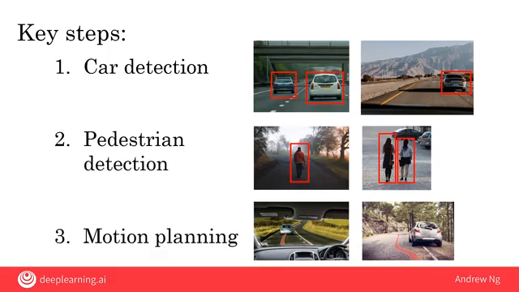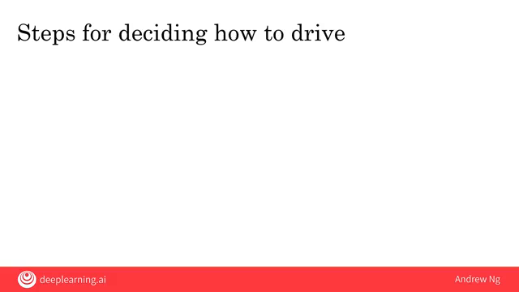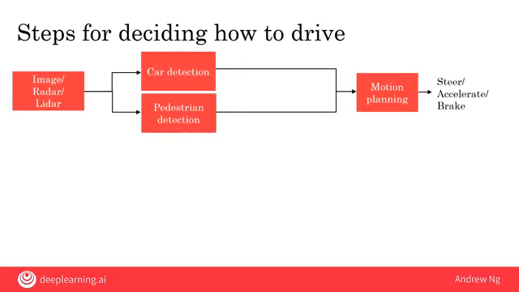So far, I've given a rather simplified description of self-driving as comprising mainly these three components. Let's look at a bit more detail of how an actual self-driving car might work. This is a picture you've seen so far. Input image, radar, LiDAR, sensor readings, do car detection and pedestrian detection, and that is then fed to motion planning to help you select your path and speed. Now, in a real self-driving car, you would usually use more than just cameras, radar, and LiDAR.